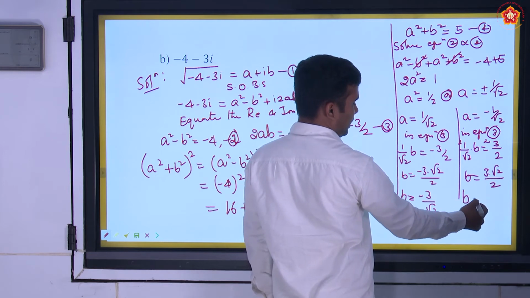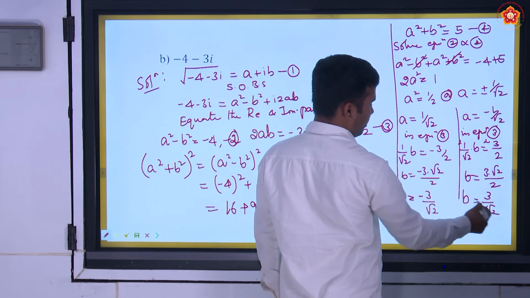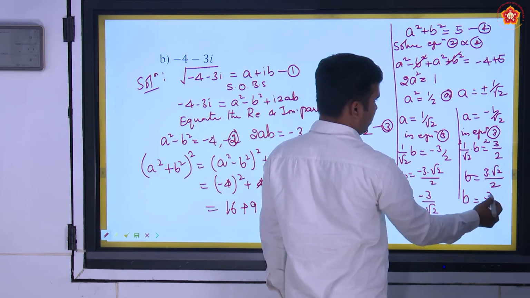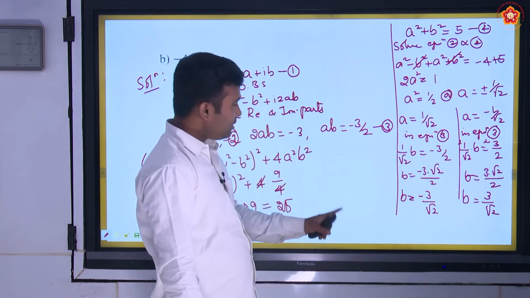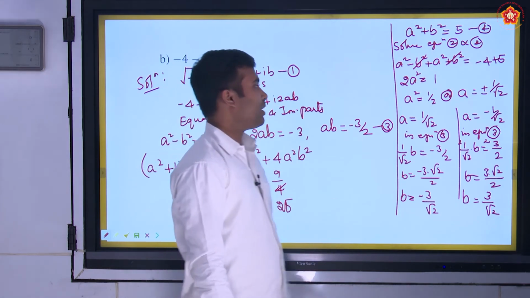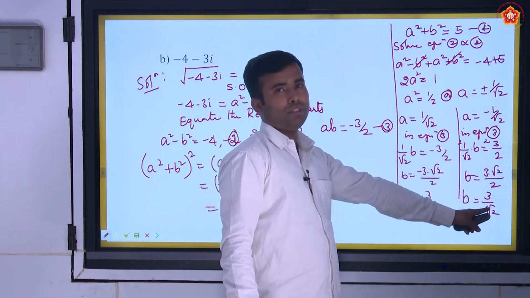So I will get b is equal to 3 by root 2. Okay. So now here I have a is 1 by root 2 and b is minus 3 by root 2, and a is equal to minus 1 by root 2, you will get b is equal to 3 by root 2.